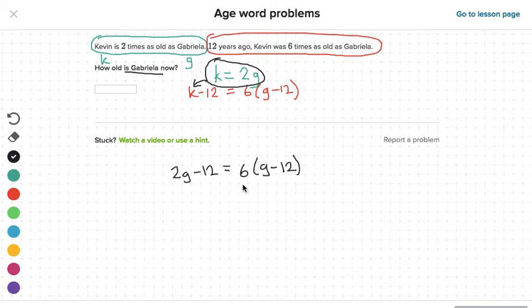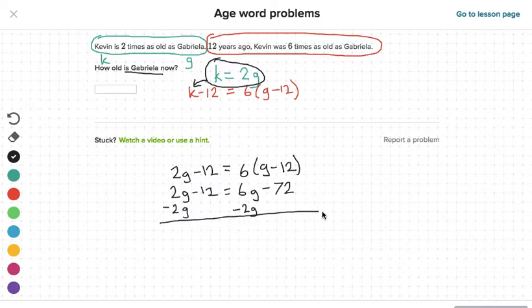We're going to distribute first, and we get 2G minus 12 equals 6G minus 72. And then we're going to subtract 2G from both sides. I'm going to do it the other way around this time. It's always safer to do the variable first. That way you're always going to have a positive variable.